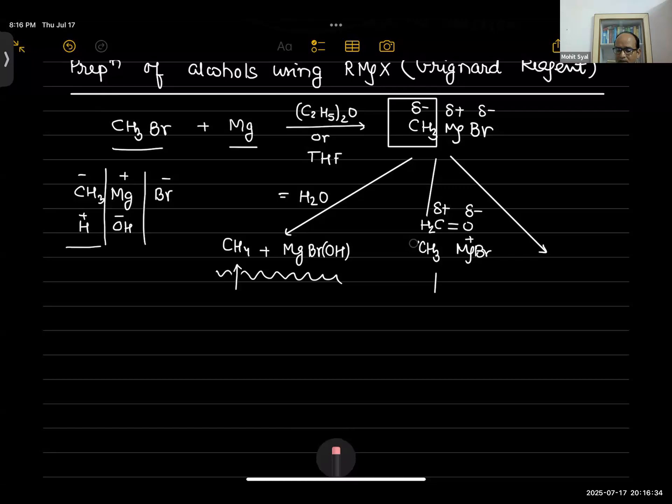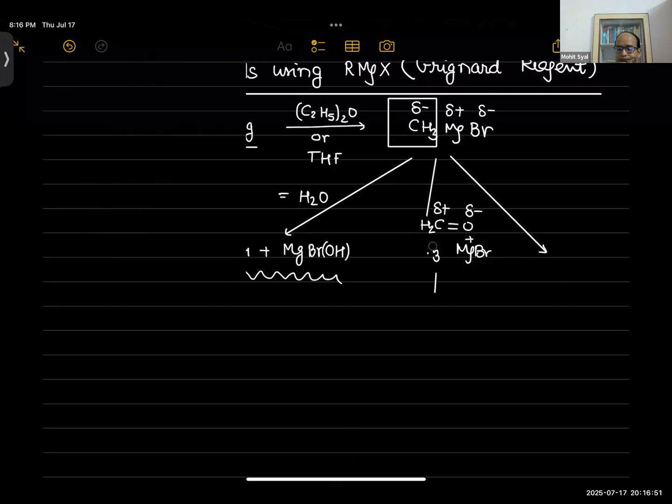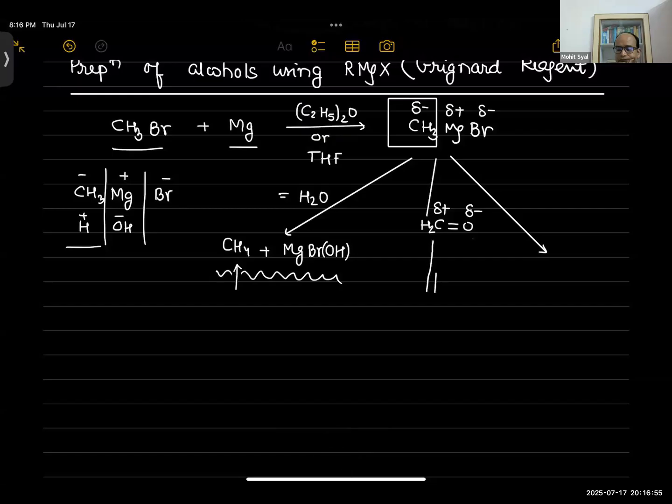Is it clear to everyone? How to solve this problem? Just try to look at the charges on the Grignard and on the substance which is given to you. Right? So Ibrahim, can you help me out to write the final product?